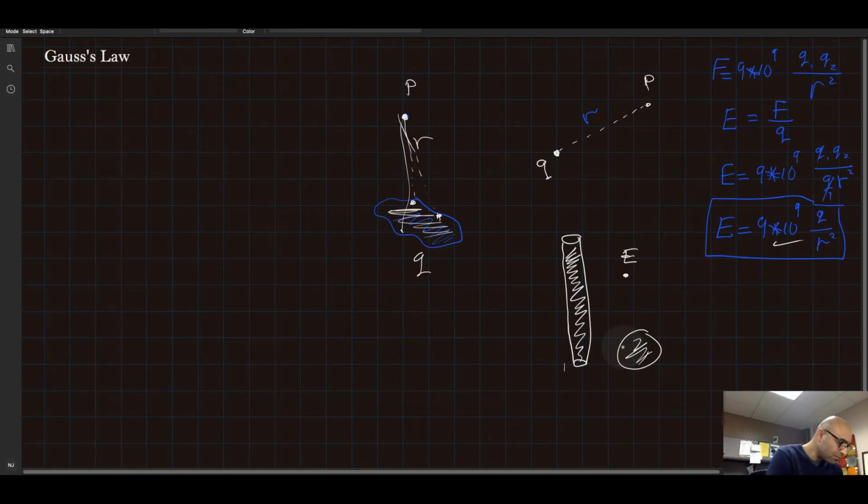Before we learn about Gauss's law, we need to learn about something called flux. And I want to tell you a story. Gauss was a very smart, brilliant kid, and he loved shortcuts.